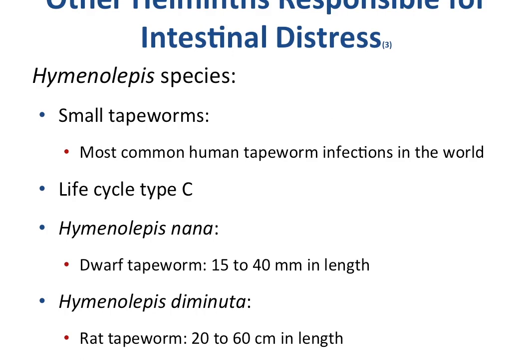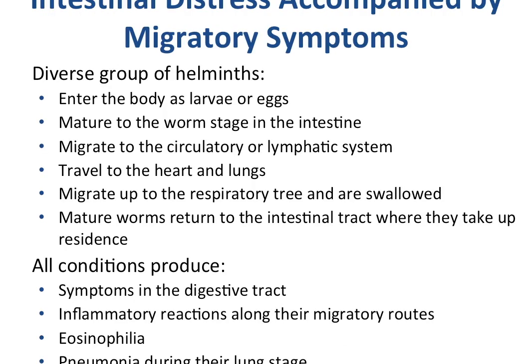Hymenolepis species. This is a small tapeworm. This is cycle C left there. The intestinal distress is accompanied by migraine symptoms.